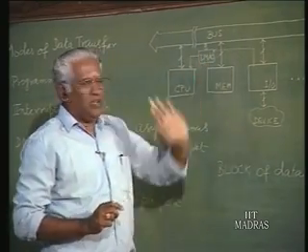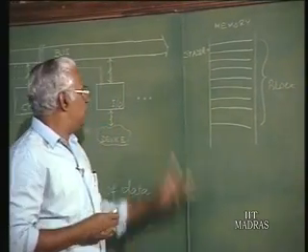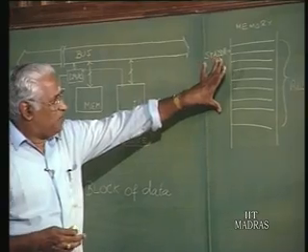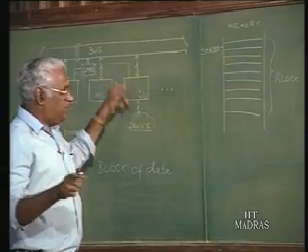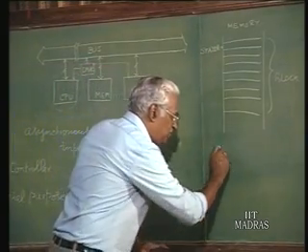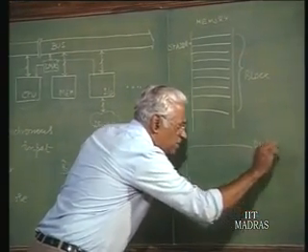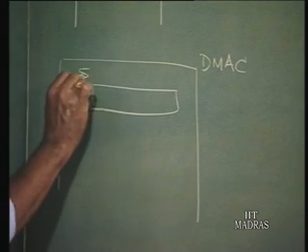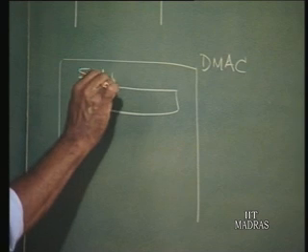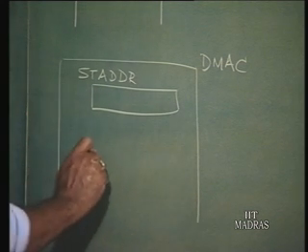So, as part of the DMA controller, we have been talking about earlier the hardware associated with the IO interface. Now, as you can see, because of this particular function, the hardware part of the DMA controller must include at least 2 registers. One is a register which is going to indicate the start address from where in the memory the data is going to be stored if it is input.